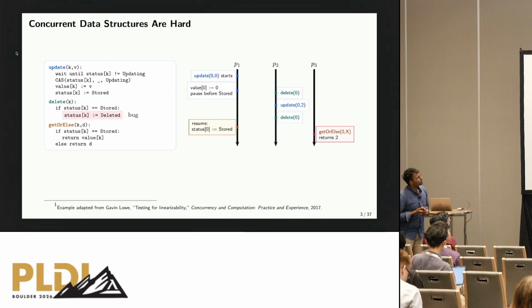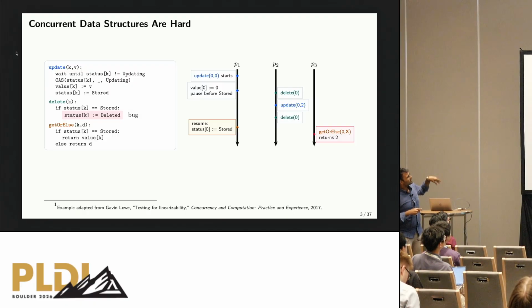Okay, so for those of you who may not know what linearizability is, here is an example. So this is an implementation of a hash map, and it is supposed to run across multiple clients. So there are three different functions that this data structure implements.